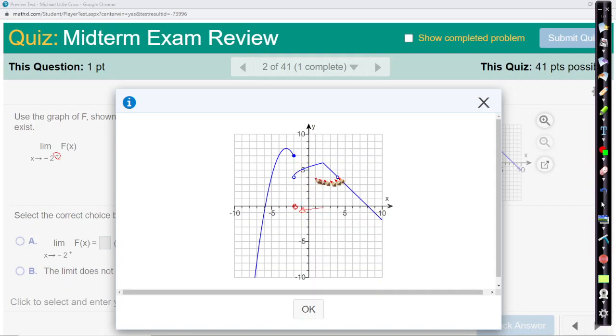You notice there's a disconnect. There wouldn't be an overall limit, but coming from the right, there actually is a limit. There's no function value there, but as we go along this road from the right, we are heading to the destination of y equals 4. Y equals 4 right here. Okay, so that is our limit: 4 from the right hand side.